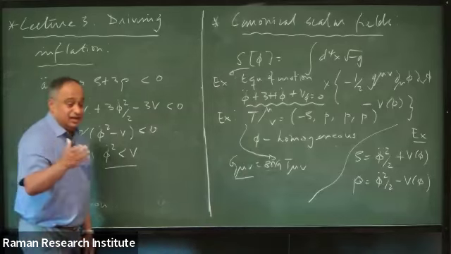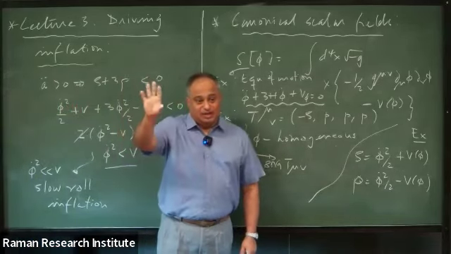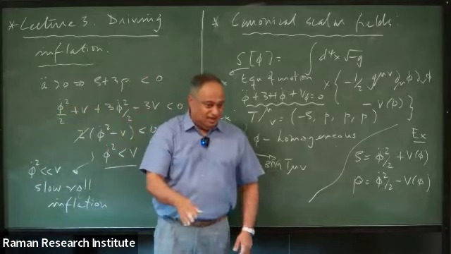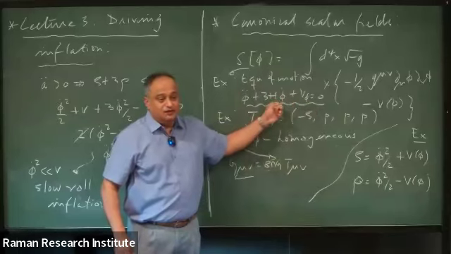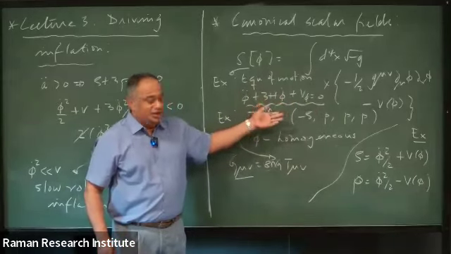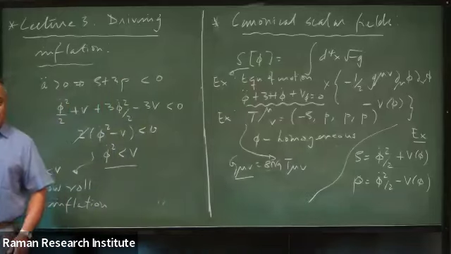And remember, I mentioned in the first overview talk that the dynamics of a scalar field in an expanding universe is very much like a particle moving in a potential with a friction term. And that's what this is. This Hubble expansion causes the friction, it slows down the field.